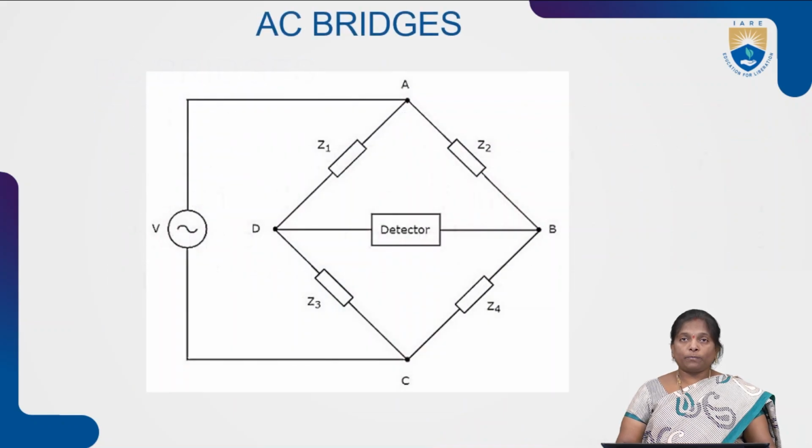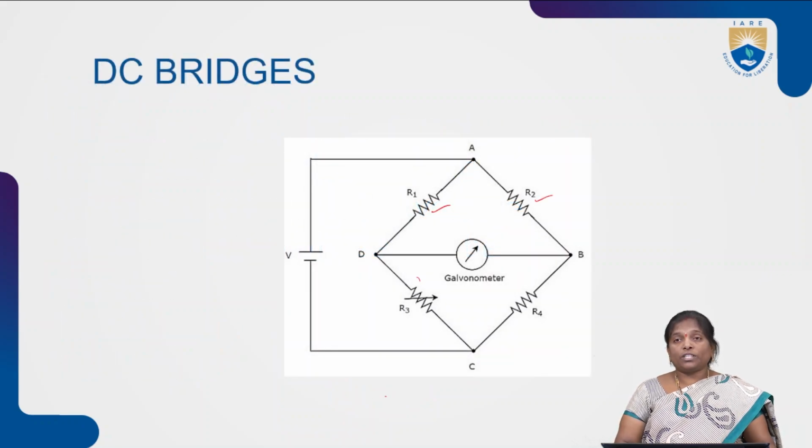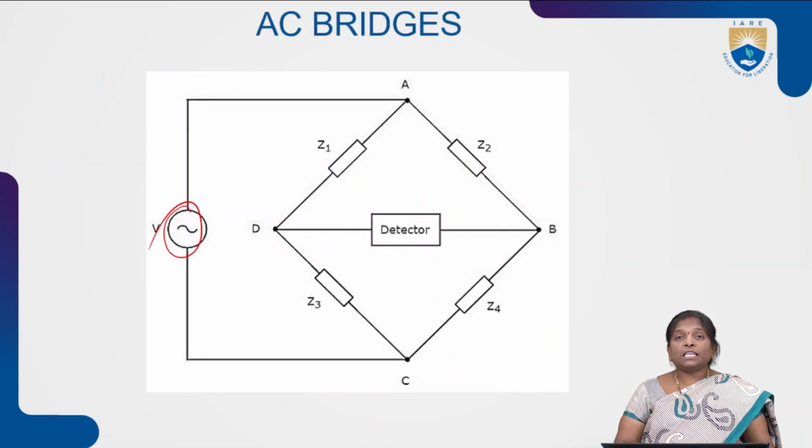Normally, we have two types of bridges, AC bridges and DC bridges. DC bridges are used only to measure resistance, whereas AC bridges can be used to measure inductance and capacitance. That's why across each arm we represent the AC bridge with an impedance.